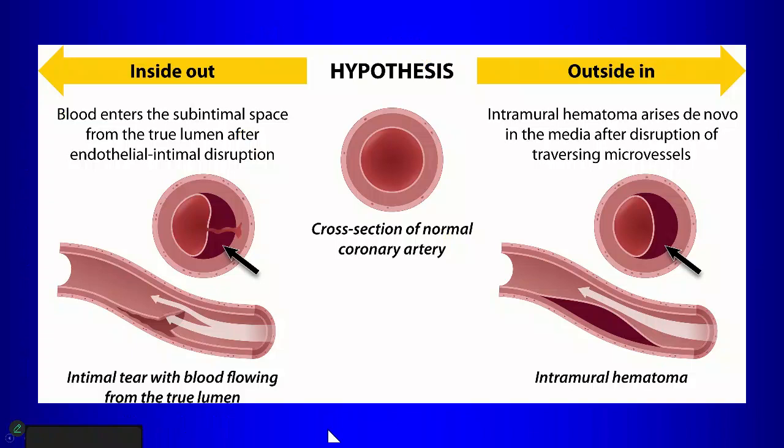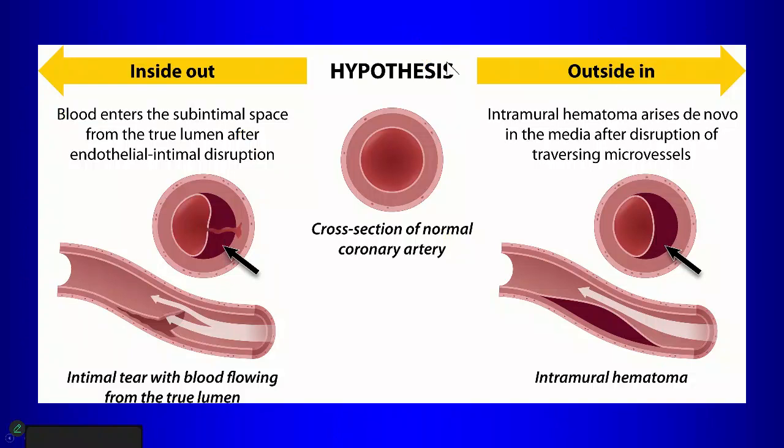So the theories of this, how does this occur? One is from the inside out, a tear in the intima, just like with the aorta, blood goes out, causes dissection. Another theory is that you get intramural hematoma that starts on the outside, and then because of some de novo disruption in the media, which then causes obstruction of the lumen.